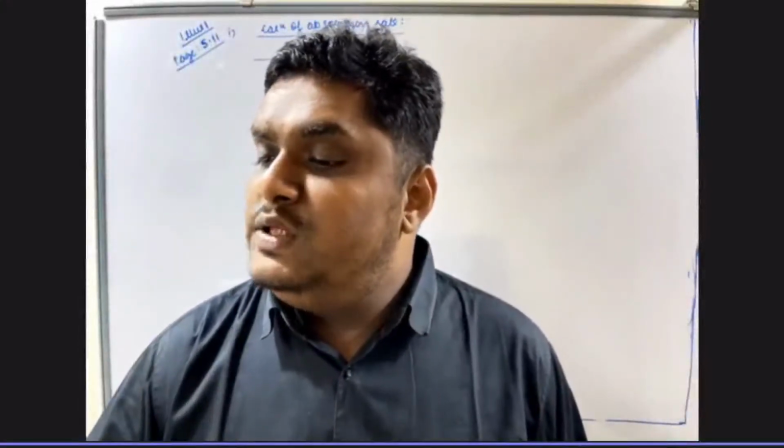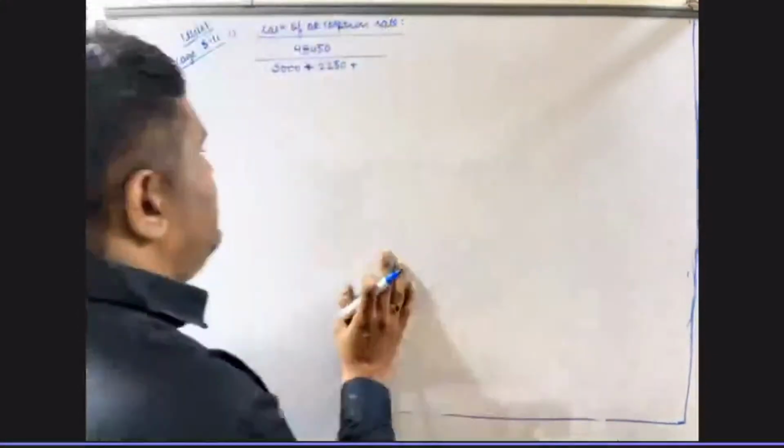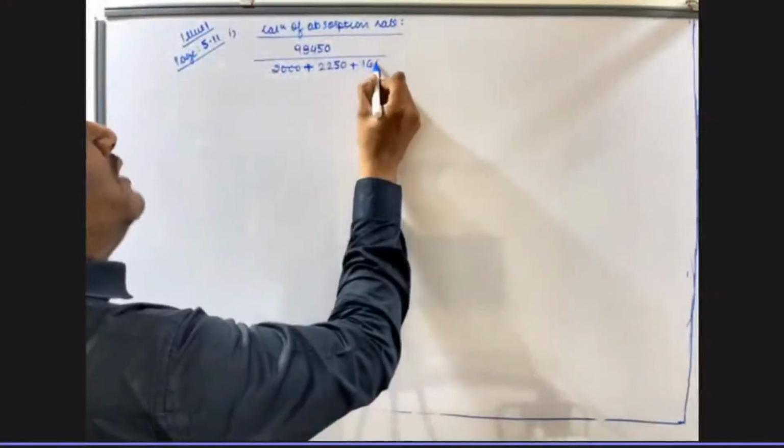Further, product C takes 1 hour to manufacture, and total 1,600 units were manufactured, so total 1,600 hours.